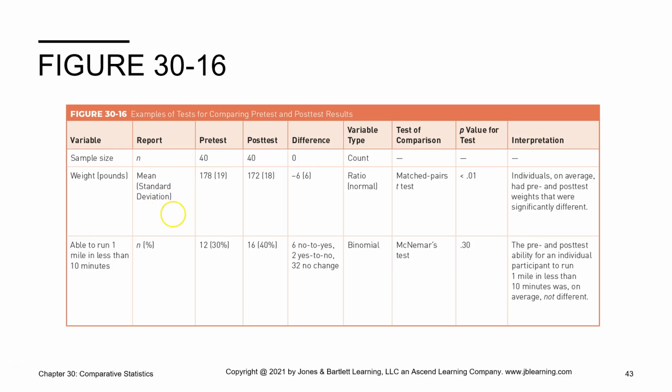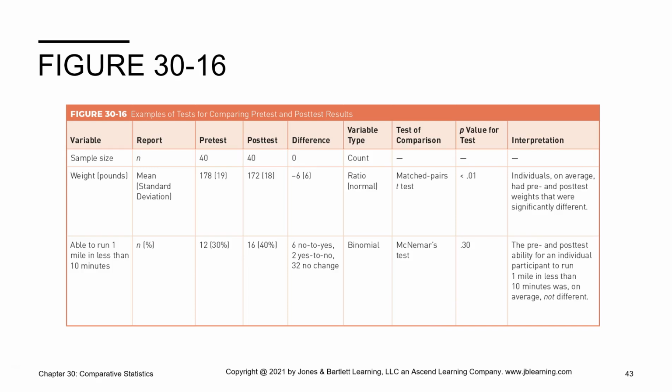So if you're looking at weight pre and post an intervention, you would do a matched pairs t-test. Or if you're looking at it as a binomial variable, as the ability to run 1 mile in less than 10 minutes, then you would do a McNemar's test.